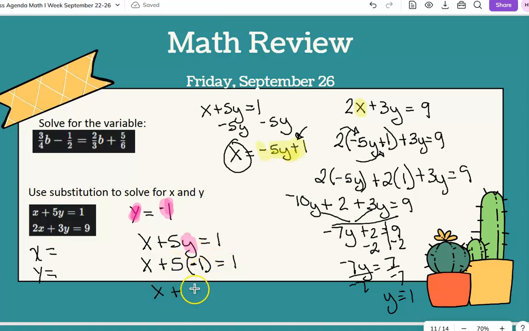X plus 5 times negative 1 is negative 5 equals 1. I'm going to add 5 to both sides. X equals 6. My ordered pair is going to be 6, negative 1 because my x equals 6 and my y equals negative 1. Hopefully you got that correct. It's not hard, it's just a lot of work.